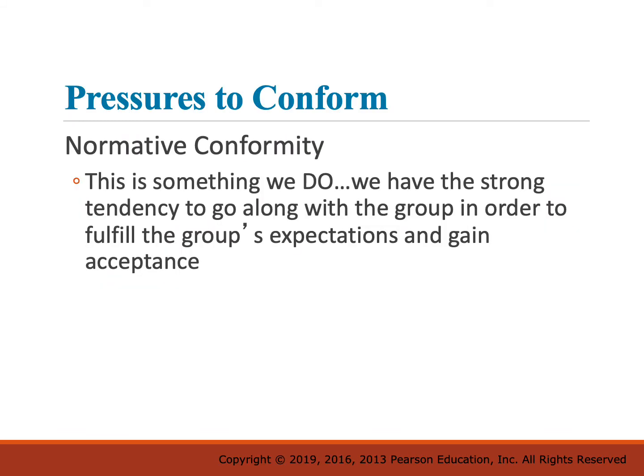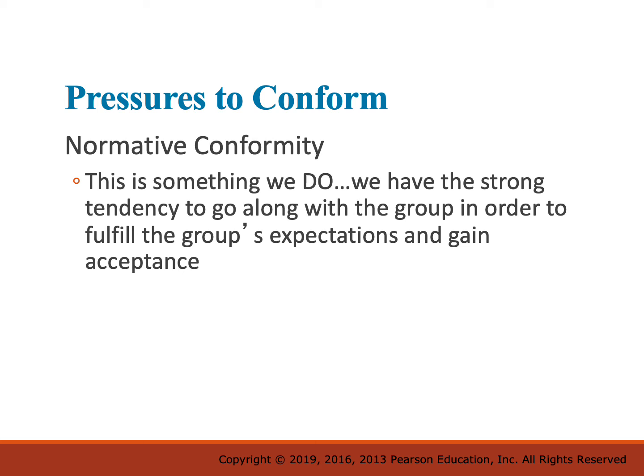Okay, so as I started to mention in terms of theory about prejudice and why it occurs, if we think about pressures to conform, there's different ways that we become prejudiced as part of our pressures to conform.